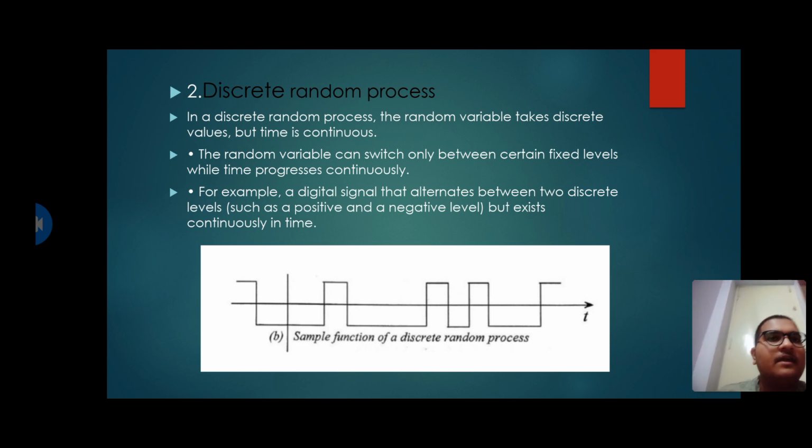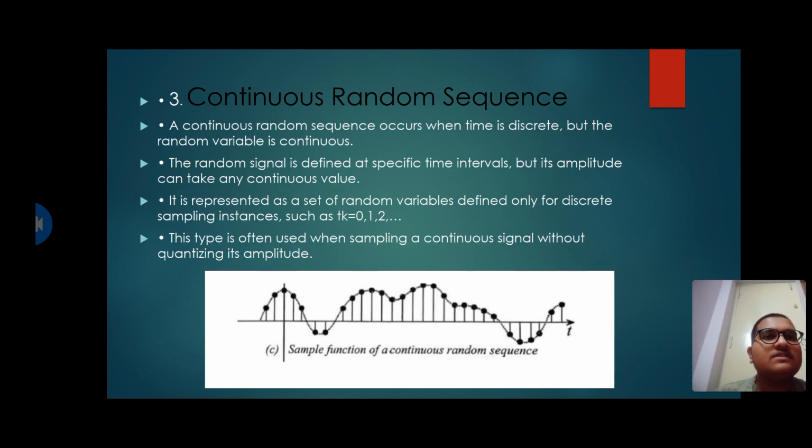Next, the continuous random sequence. A continuous random sequence occurs when time is discrete but the random variable is continuous. A random signal is defined only at specific intervals, but its amplitude can take any continuous value.